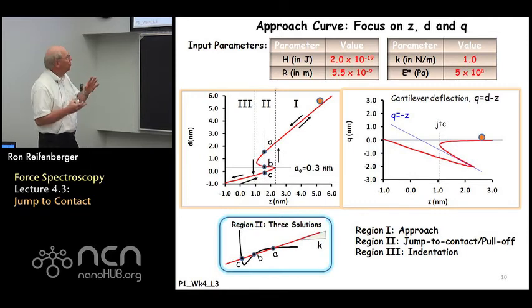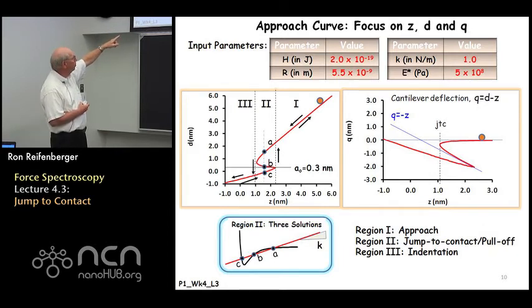Those 3 solutions graphically are interpreted as the matching of the slope of the cantilever, K, with 3 points of intersection on this tip force versus distance curve. So A, B, and C shown on the bottom region of this graph, in region 2, match A, B, and C in the upper region of the graph.